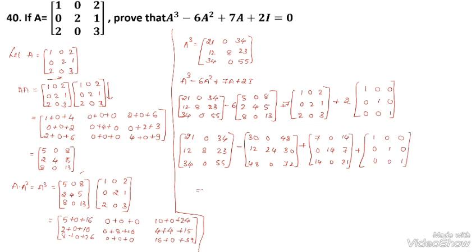Now I'm taking 21 minus 30 minus 7 plus 7.